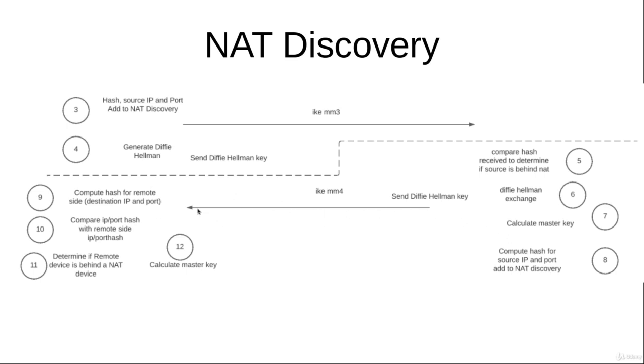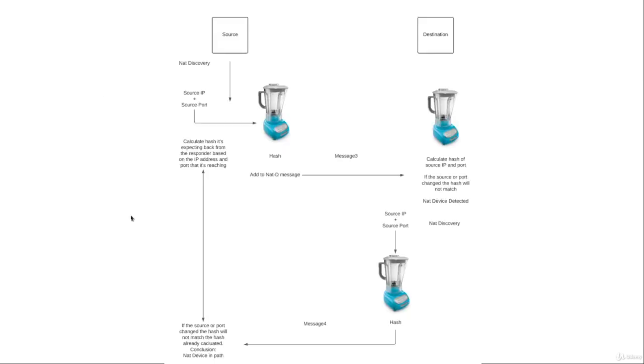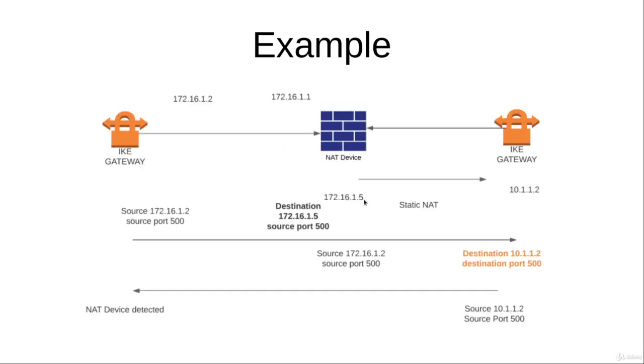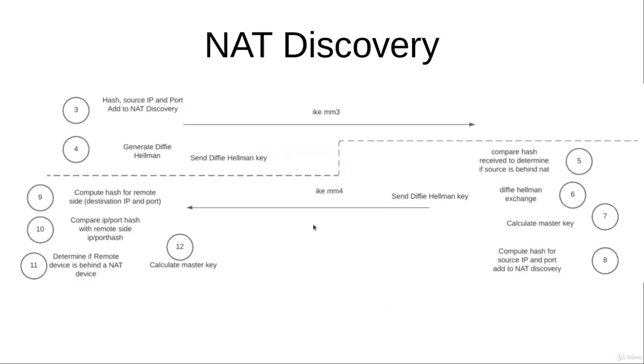The initiator receives message 4 and extracts the NAT discovery hashes. It knows that the IP address it originally sent to for this remote IKE gateway was 172.16.1.5, port 500. It calculates the hash for 172.16.1.5, port 500. This is step 9.